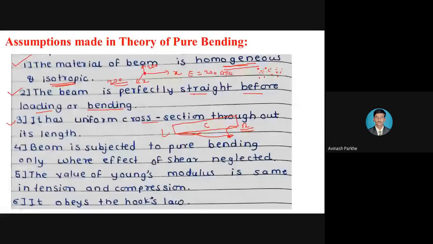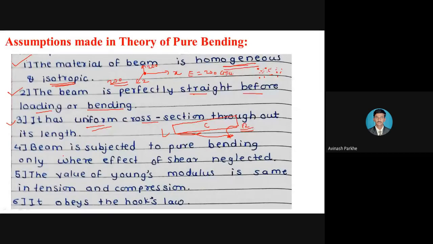Therefore, the third assumption indicates it has uniform cross sectional area throughout its length, from starting point to end point, as well as at the center point. Okay, this is the third assumption.